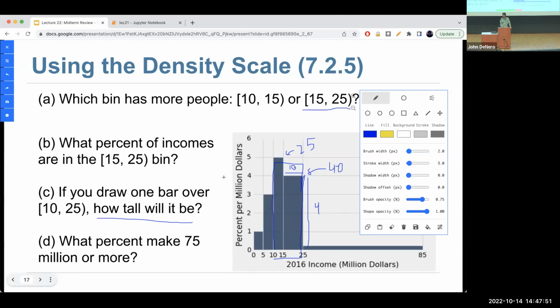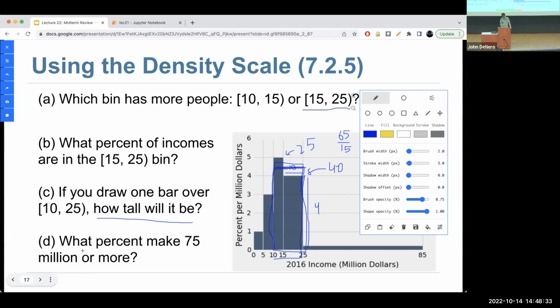Well, this one bar has to represent what percent of the whole population? 25 plus 40 is 65%. If the bar has 15 width and it's supposed to have an area of 65%, then its height is 65 divided by its width, which is 4 1/3, right about here. Okay, so I drew it wrong. It should go from here. That will be our bar right there.